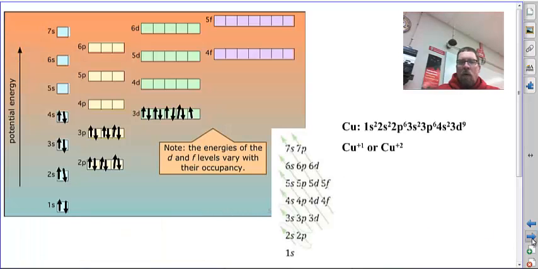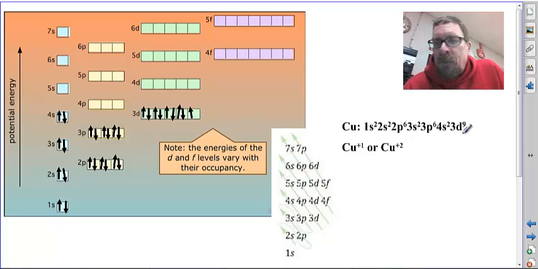Okay. Why are they transition metals? Well, here I have the Aufbau chart we are used to for writing electron configurations. Here I have it set up as an energy diagram. And here I have copper. Copper has 29 electrons. And if you were just to follow this chart, 1s2, 2s2, 2p6, you would end at 3d9.